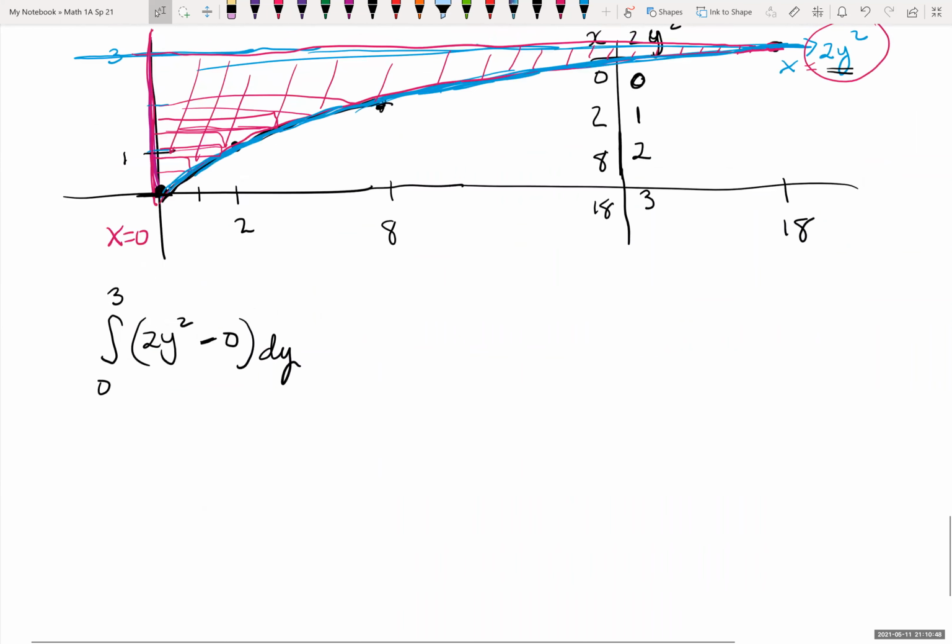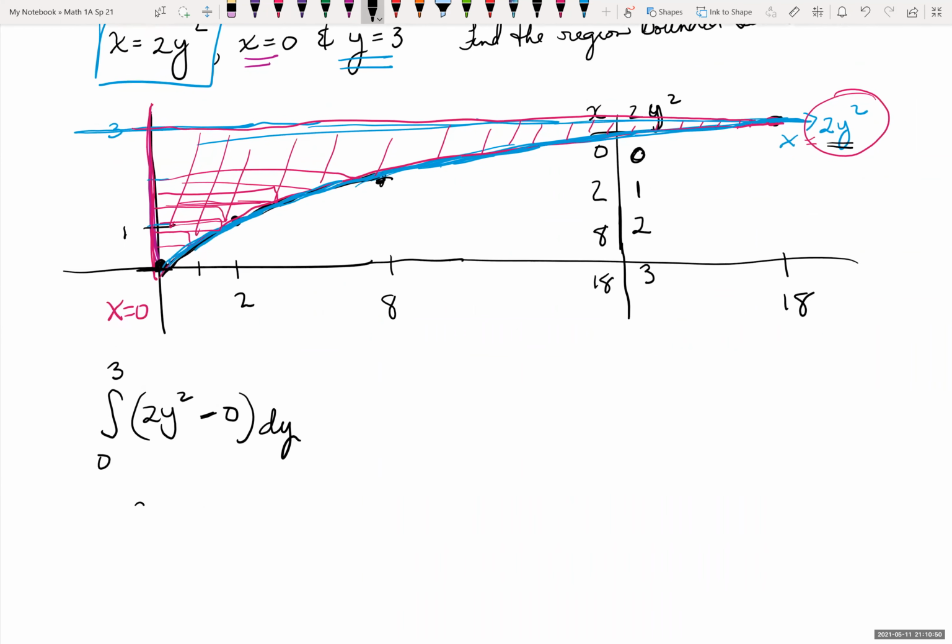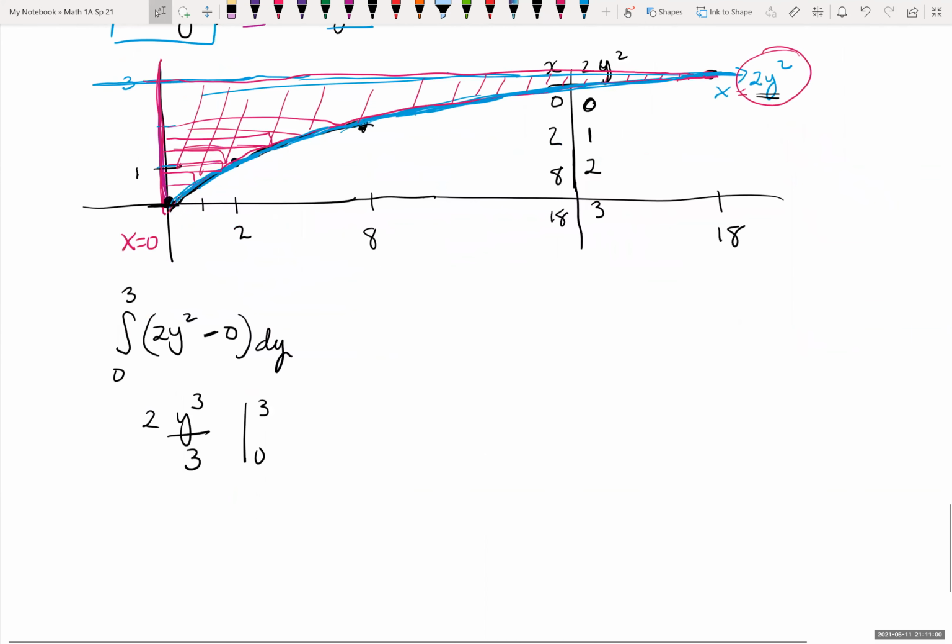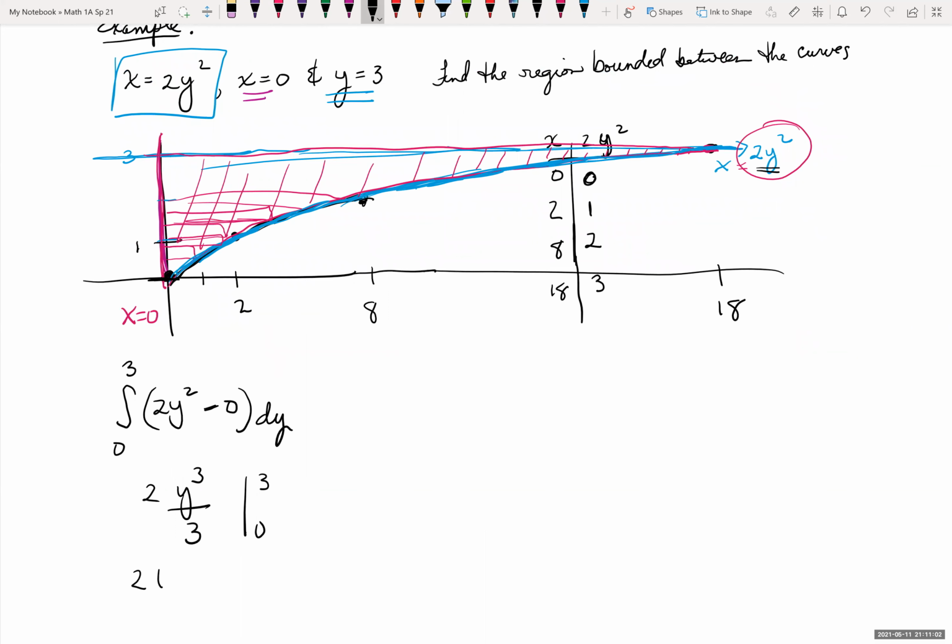We add 1 to our exponent, so we get 2y cubed over 3, divided by that new exponent. We evaluate this from 0 to 3. If we plug in 3 wherever we see a y, we get 2 times 3 cubed over 3 minus 0. That's the same thing as 2 times 3 squared, which gives us back 18.